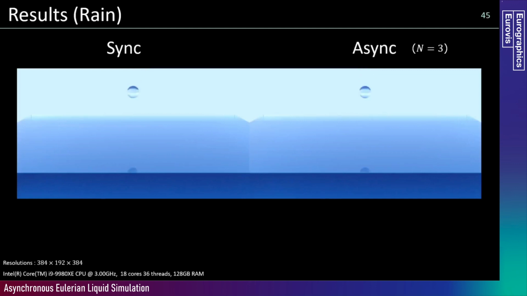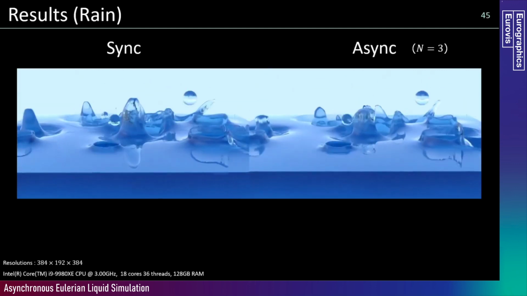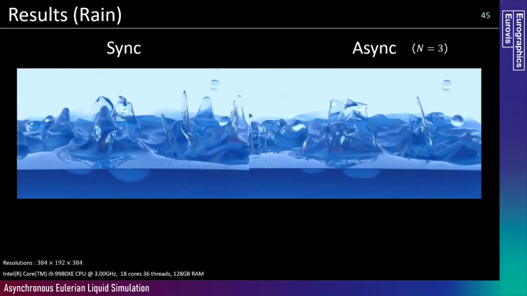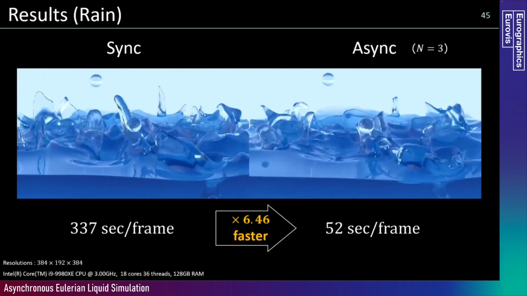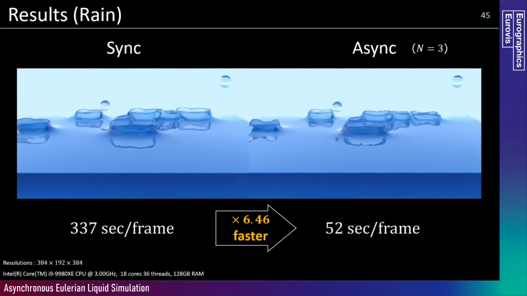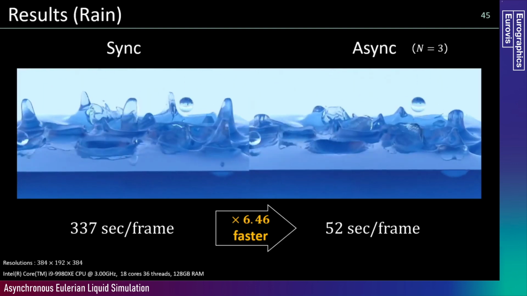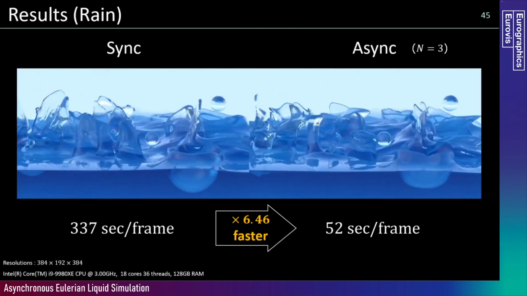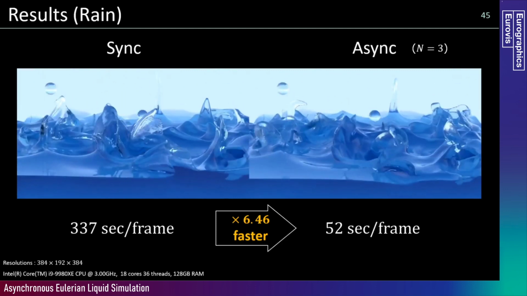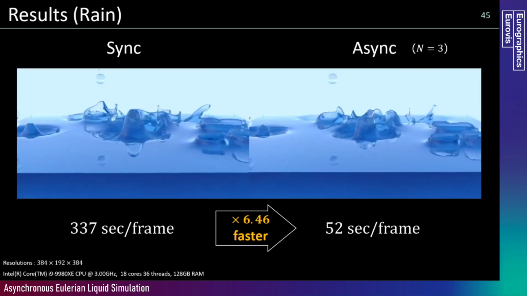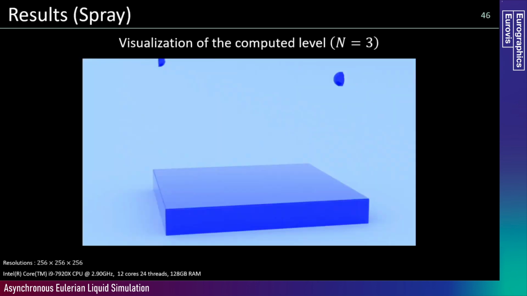This is the comparison. In this ideal scenario, the synchronous method takes 337 seconds per frame, but our method takes only 52 seconds per frame. So our method runs 6.46 times faster than the synchronous result. The next result will be splashing.